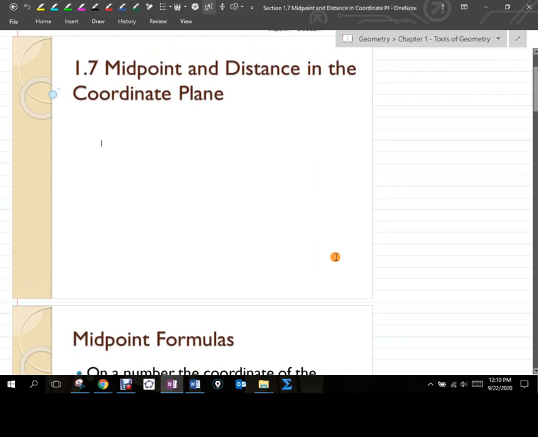Okay. But what happens, guys? Every single chapter is going to have a component allowing us to work inside the coordinate plane. When I say the coordinate plane, I'm talking the XY axes. Okay. I'm actually of this kind of school of thought.